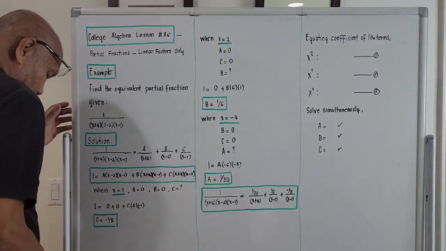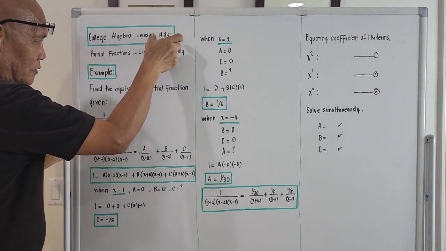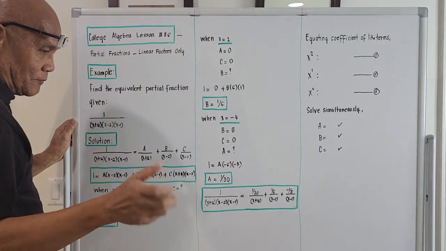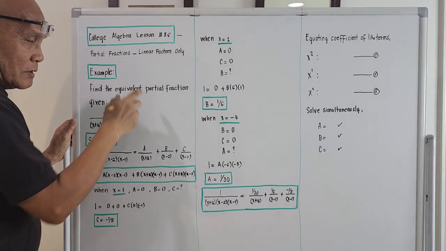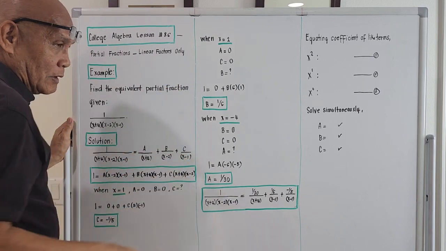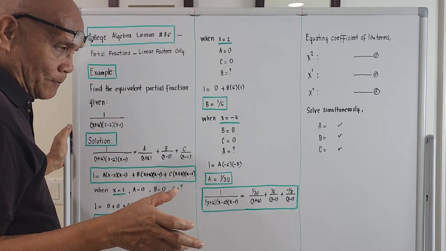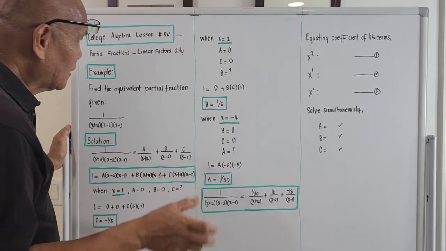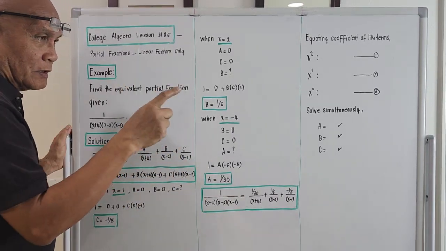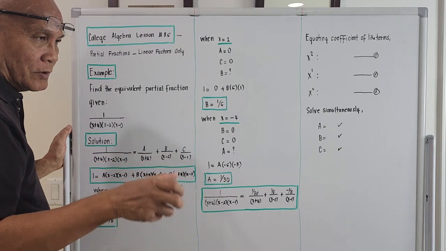My subject matter for this morning will be college algebra lesson number 86. The title of the topic is partial fractions involving linear factors only. The last time around, I gave you an example on partial fraction involving linear factors only. There are only two linear factors under the denominator.